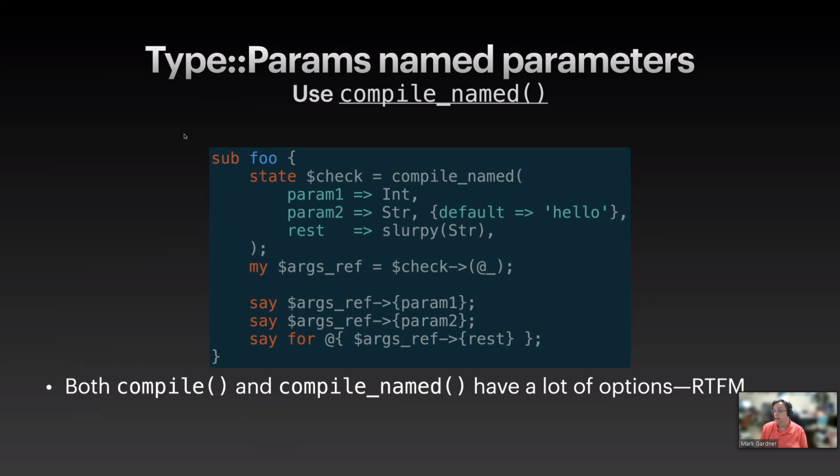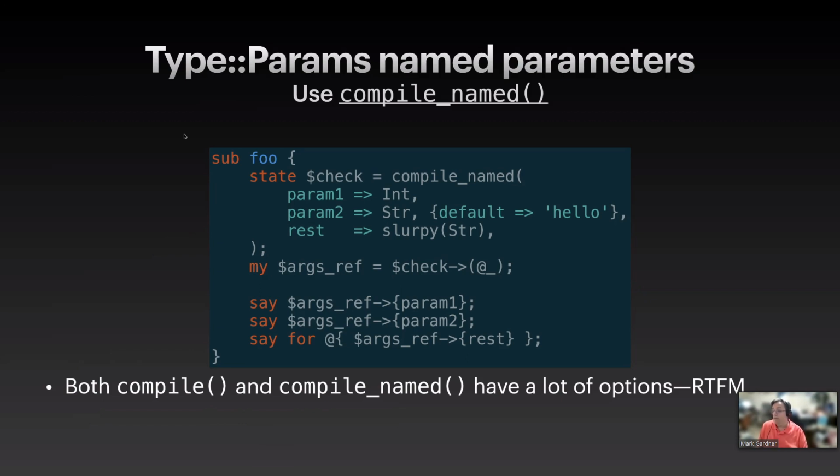You can pass a hash ref at the beginning of them. There's a head option, a tail option, a want source, want details, description, subname, caller level. Compile named adds class, constructor, bless, named to list, named. I had this written as something else, named to list.